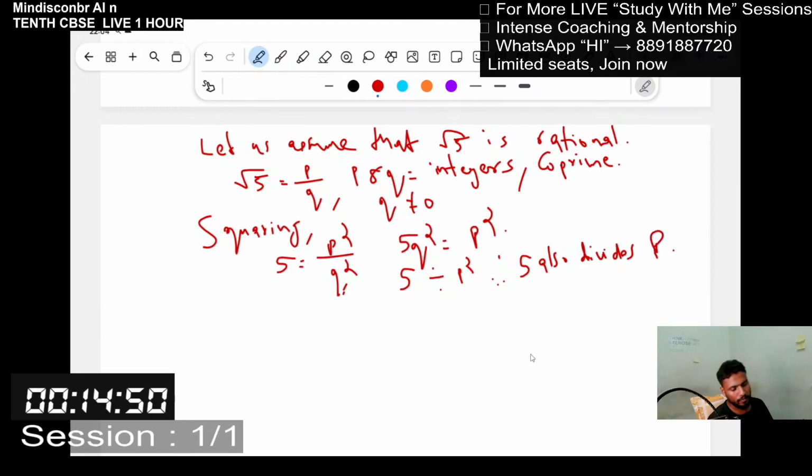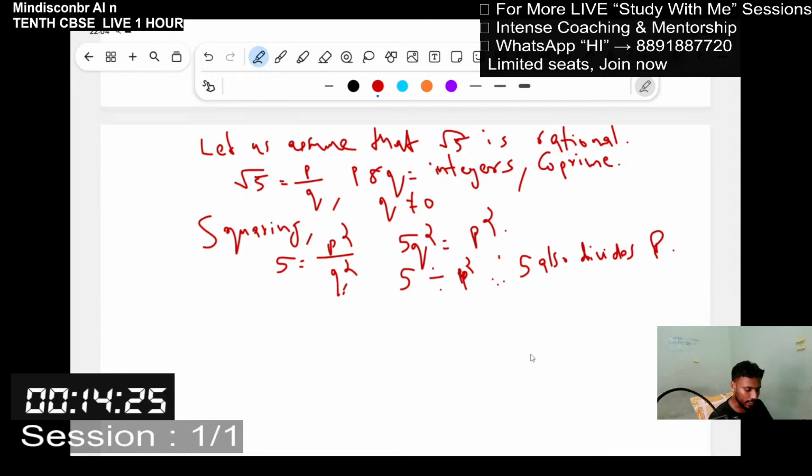By theorem 1.2 we know that if a prime divides the square of an integer, for example if p divides p square, then it divides p also.